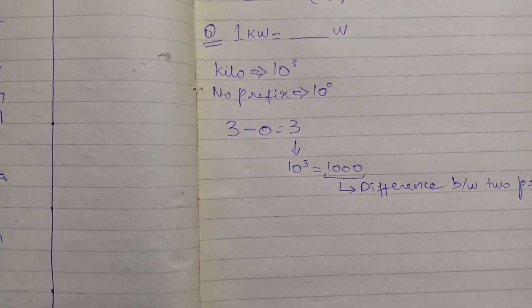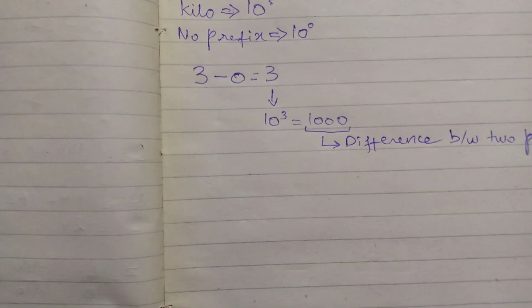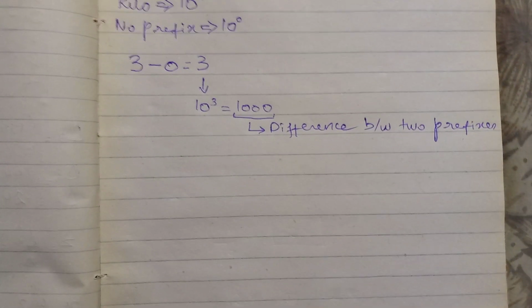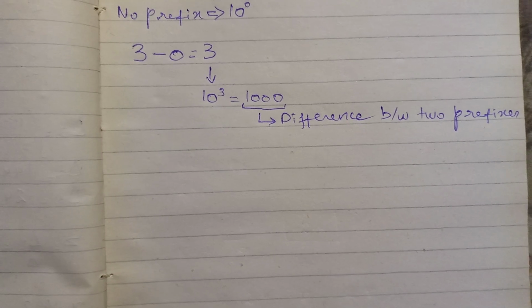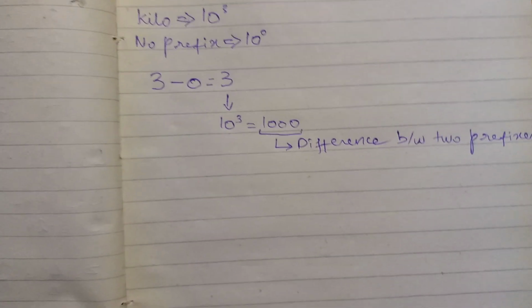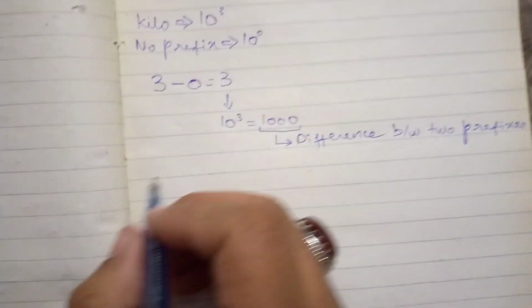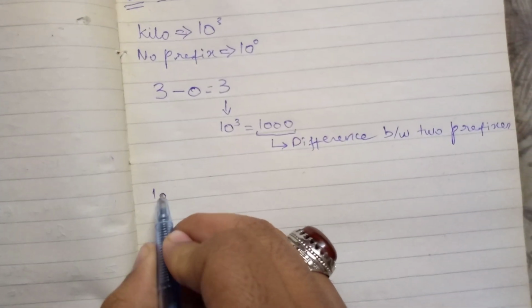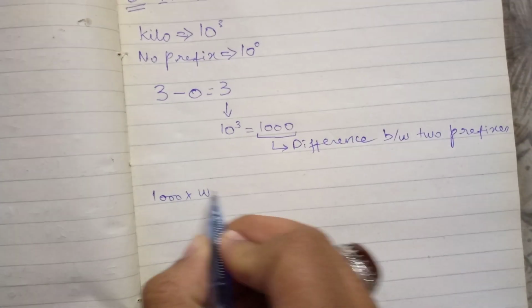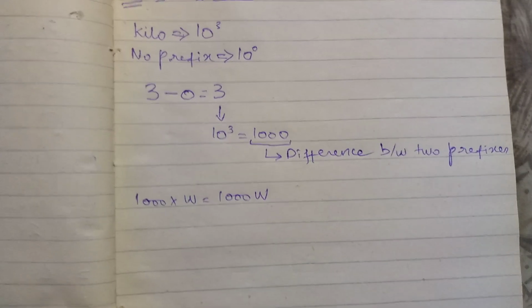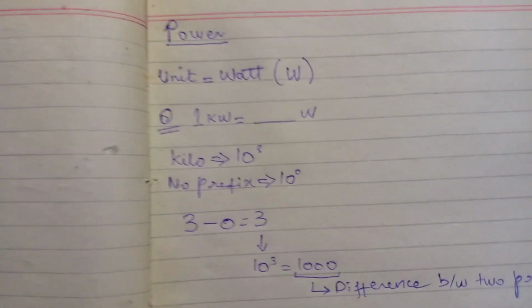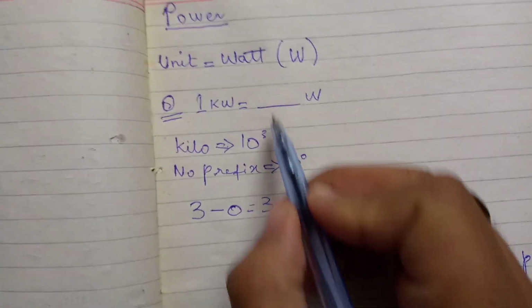So we will multiply by 1000, which is the difference between the two prefixes. So here difference 1000 will be multiplied by watts, so it will become 1000 watts. Okay, so the answer is 1000 watts.